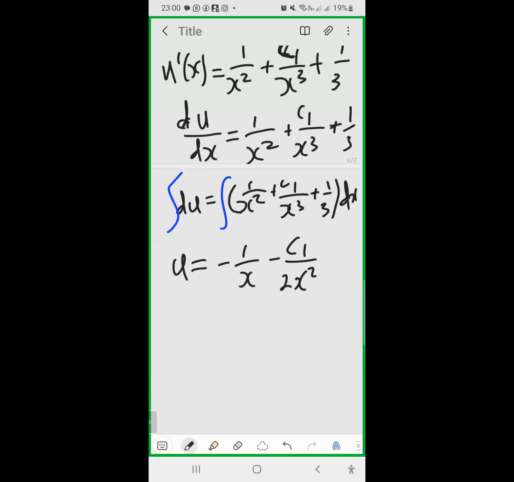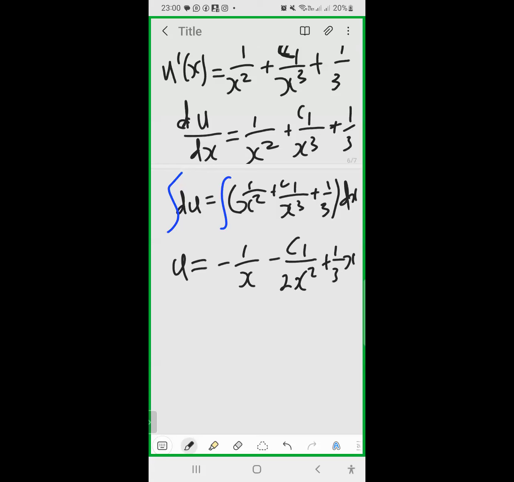And then plus the integral of 1 over 3, that is 1 over 3x.